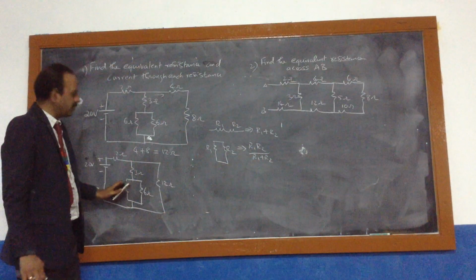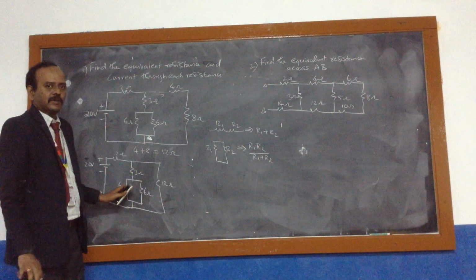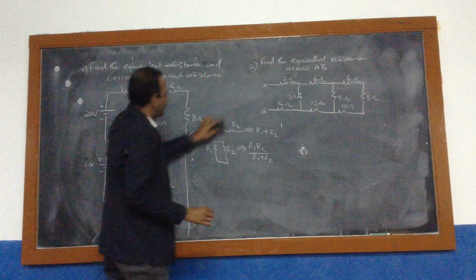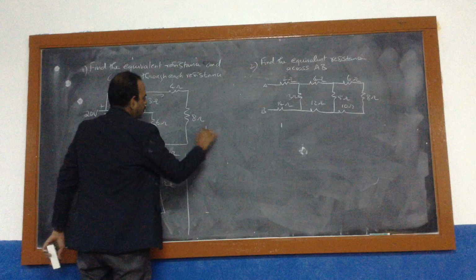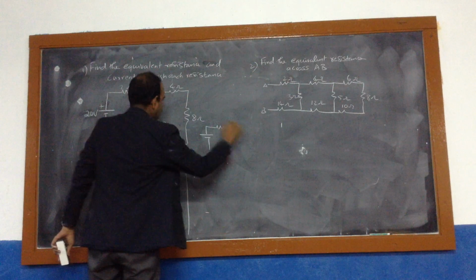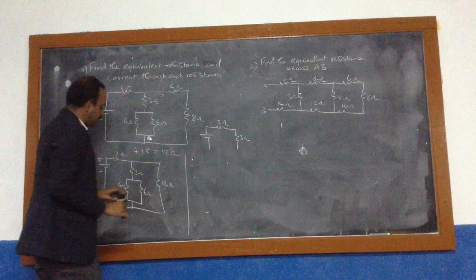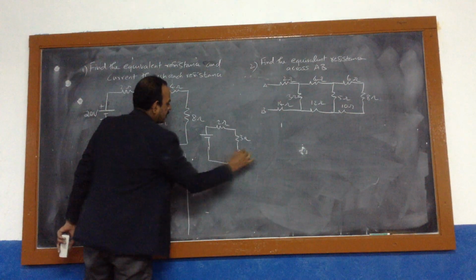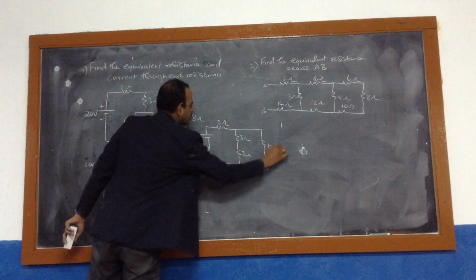So 6 parallel with 6 you will get 3. Now you can redraw the circuit. This is 2 ohm, 3 ohm. So this 3, with 6 and 6 in parallel, gives again 3, and again 12 ohm.